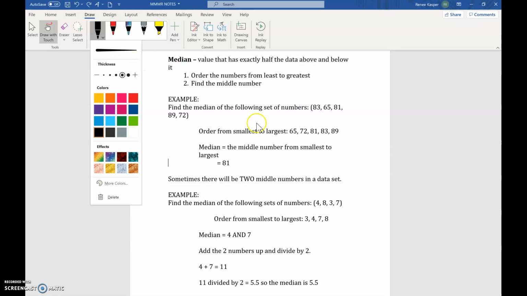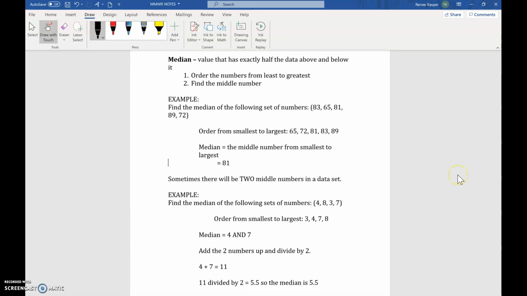That'll be the easiest way to find that middle number. So you want to start on the left side, cross out the smallest number, 65, then the largest number, 89, the next smallest, 72, and then the next largest, 83. So that leaves you with 81 left in the middle. So 81 is our middle number.